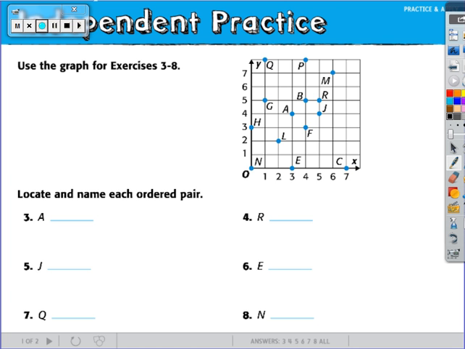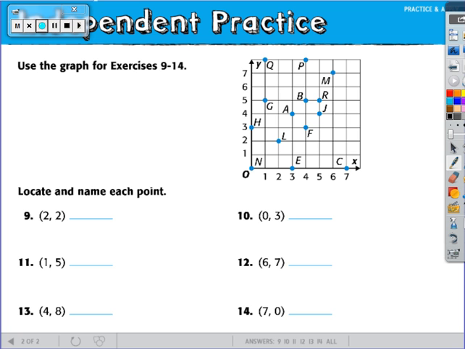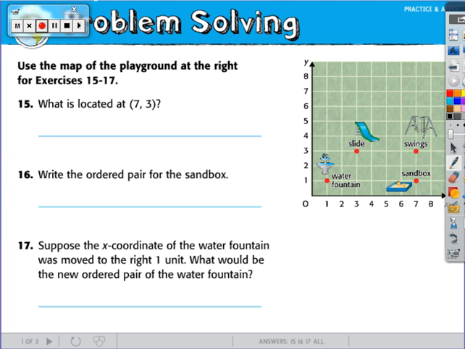You can see your first 6 questions respond to the coordinate grid that is up in the top right hand corner of your paper right now. Exercises 3 through 8. Exercises 9 through 10 apply to this coordinate grid. It's the same one. 15, 16, and 17 require the use of another coordinate grid.